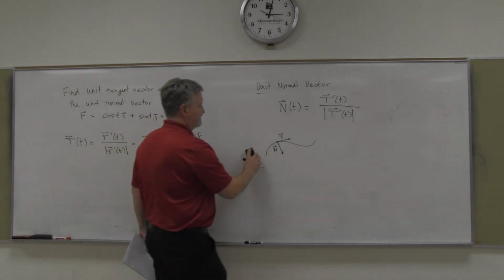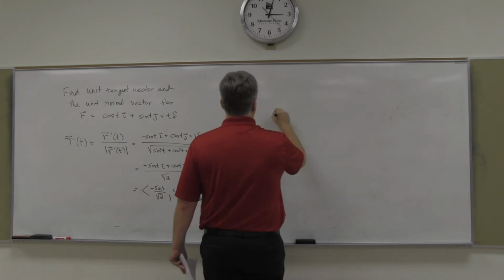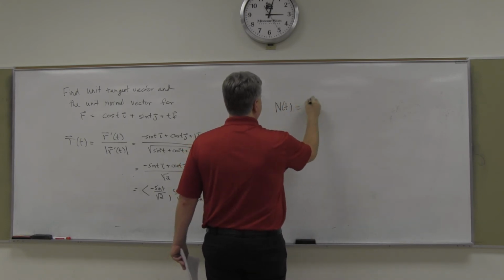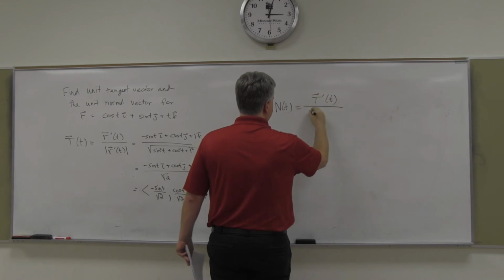Unit normal vector, it's similar. Take the unit tangent vector, do its derivative, and then divide it by its magnitude.